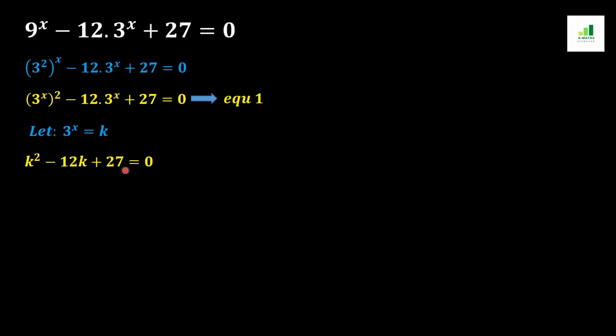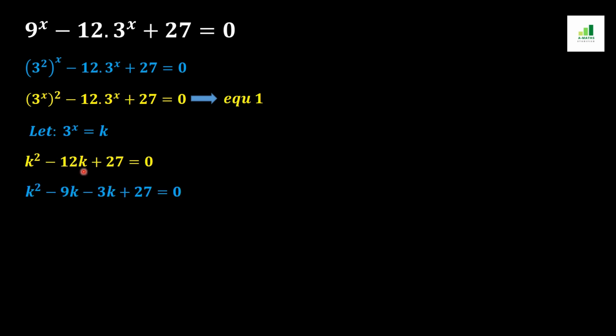Now you can see that this equation is a quadratic equation and a factorizable equation, because this 27, which has a positive sign, is the c of the quadratic equation, and since c has a positive sign, it means that this 12k will break in the same sign, which is the b of the quadratic equation.